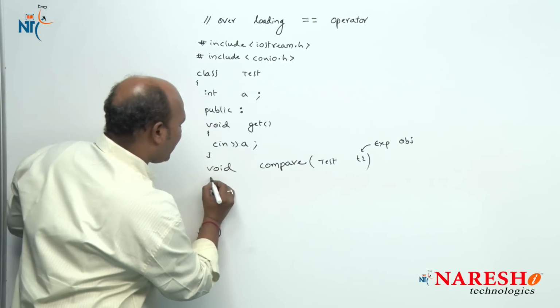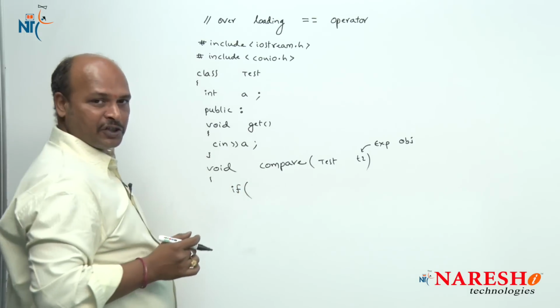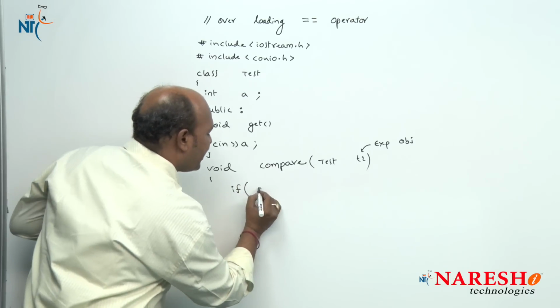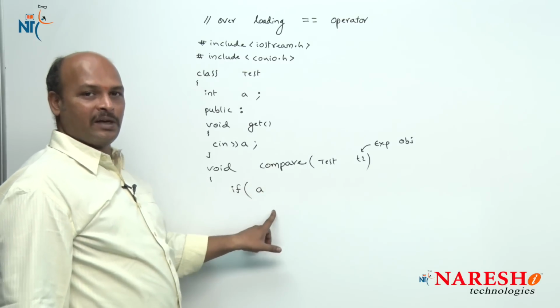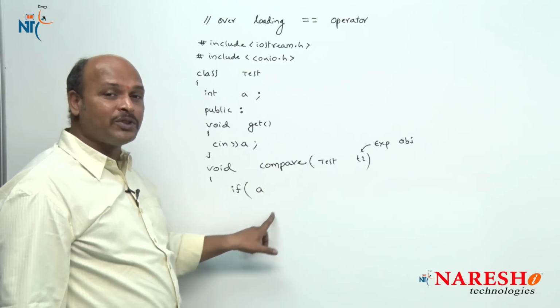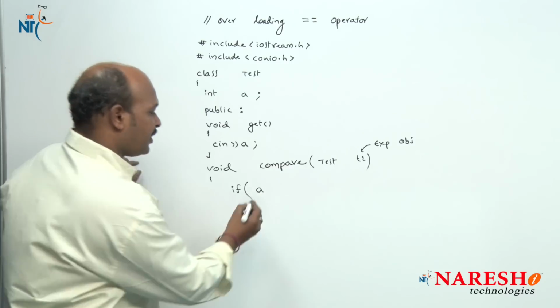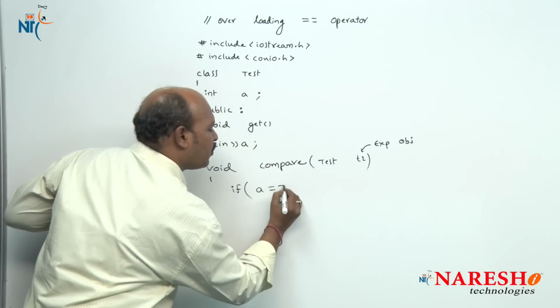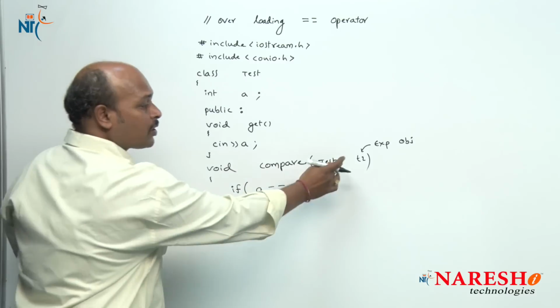Now here I am going to write like this, if condition. Next A, here A means what? Calling object A, here calling object A. Okay, now this A belongs to the calling object. Next, equal to, if A equal to next what?